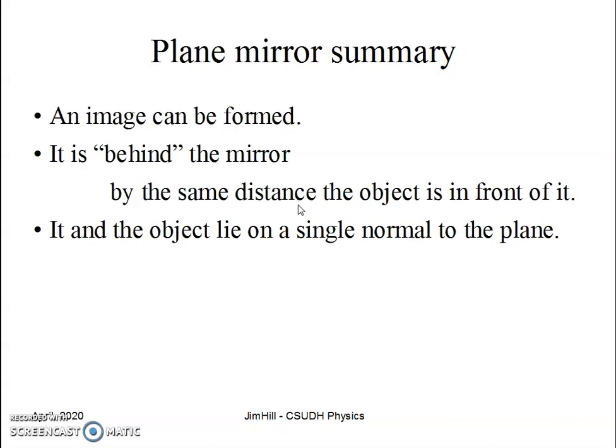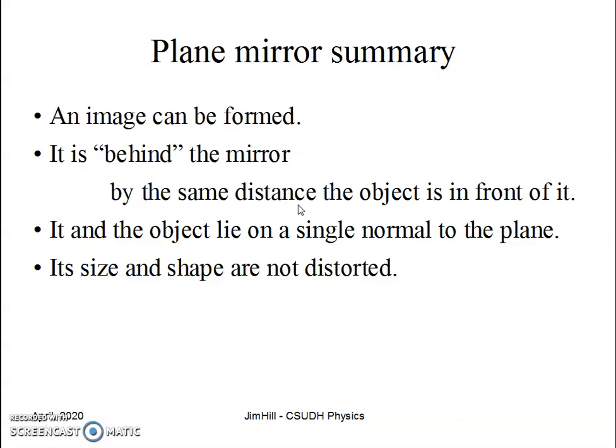And the object and the image lie on a single normal to the plane, which is kind of important actually, because that, along with the distance statements, implies that the size and shape of an image for something bigger than one point are not distorted, which is what you know. You look in the flat mirror when you get up and go into the bathroom in the morning and wash your face, and you see your face the same way it really looks, or at least the same way you think it looks.